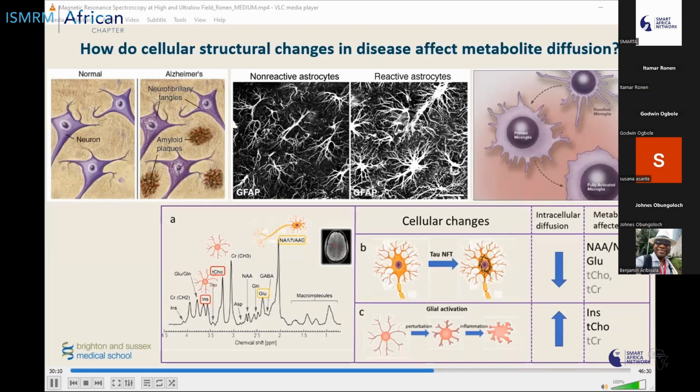Conversely, we expect the changes in size of glial cells that makes more room for diffusion in the intracellular space to cause an increase in the diffusivity of glial molecules such as myoinositol or choline.